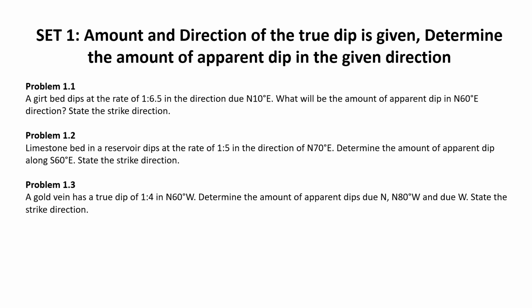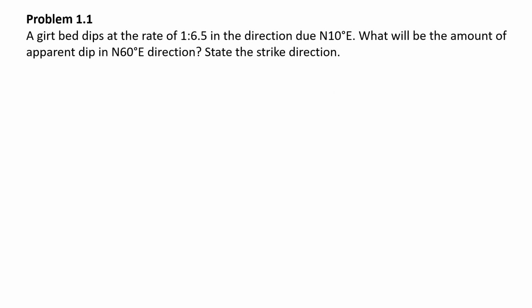So let us solve problem number 1. In every set there are 2 to 3 problems, and among those we'll be solving 1 or 2 from each set; the remaining you have to solve by yourself. This is for exercise purposes.